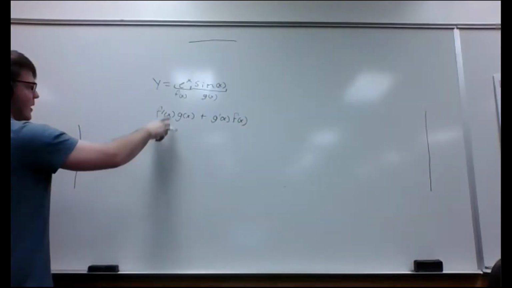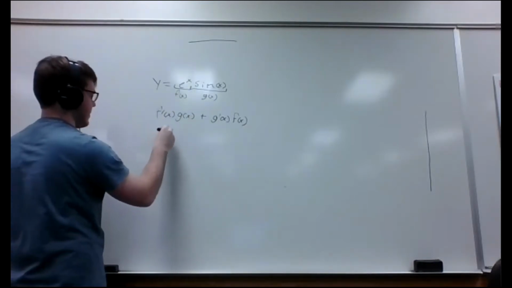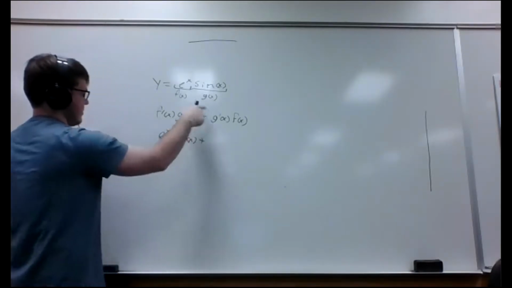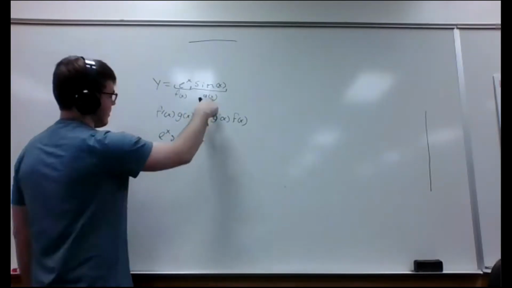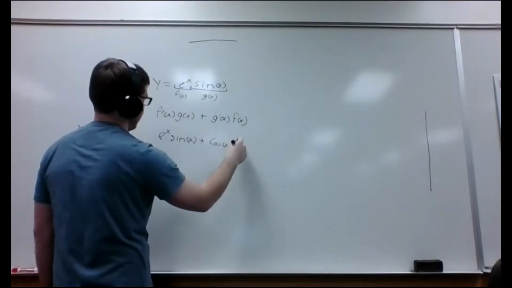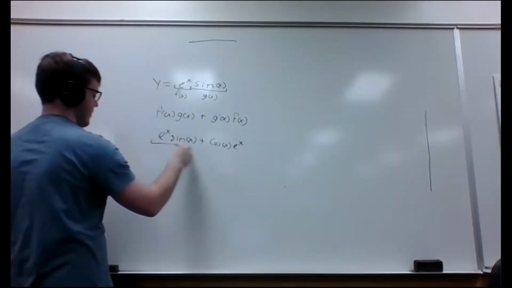So the derivative of e to the x is simply e to the x. So it's going to be e to the x sine x plus the second part, which would be cosine x times e to the x. And that would be our answer.